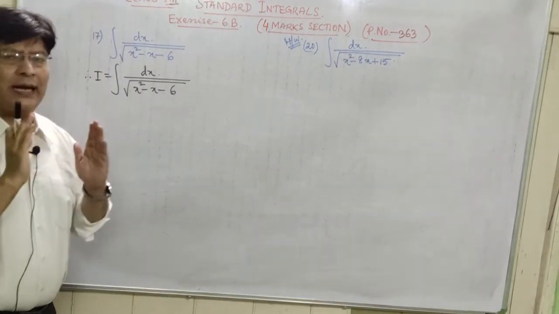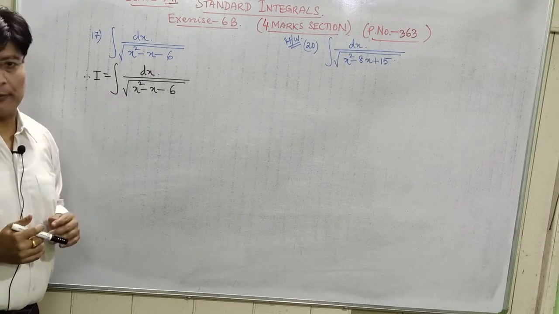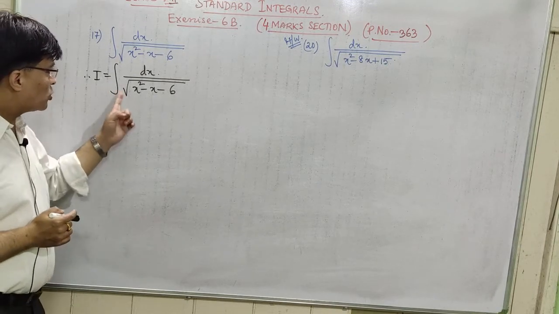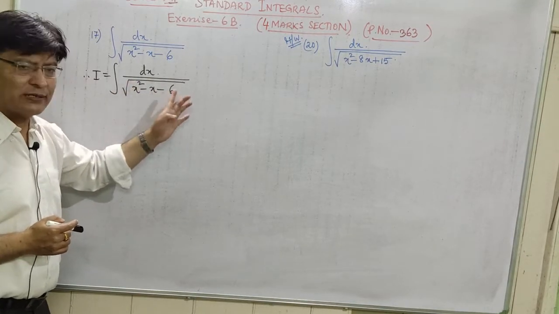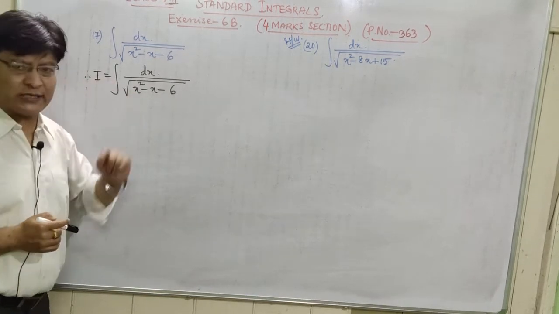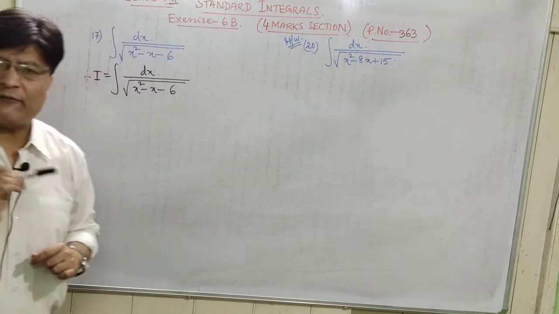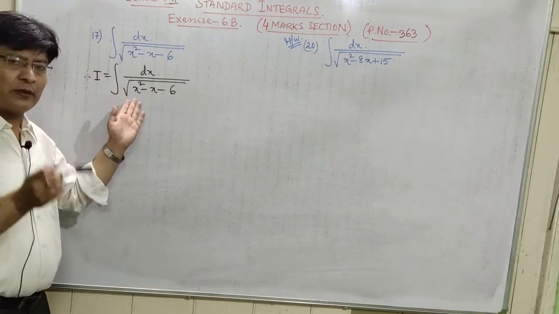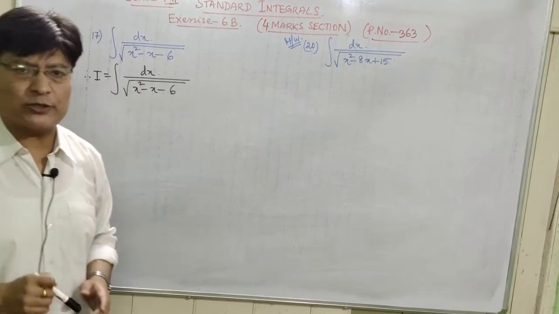So I already told you the method while doing the previous problem. So within square root there are terms containing x square minus x minus 6. Okay, and here the coefficient of x square is positive. And I already told you that if the coefficient of x square is positive, then factorize the expression.